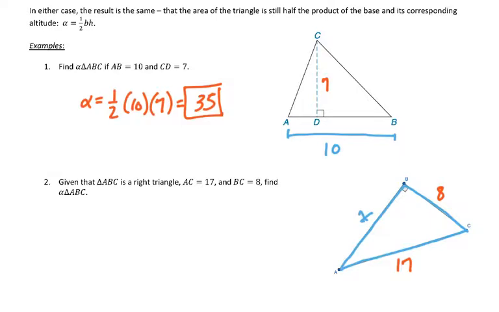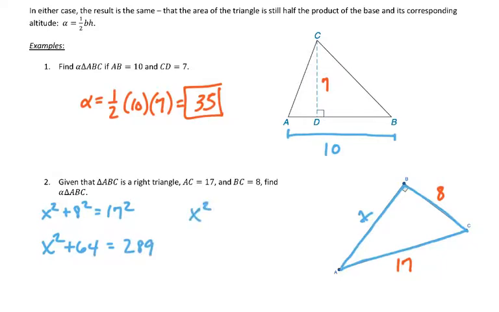Using the Pythagorean theorem, I can do that. x squared plus 8 squared is equal to 17 squared. x squared plus 64 is equal to, 17 squared I think is 289. Let me check that. 17 squared. Yeah, it's 289. I think I can remember some things sometimes.